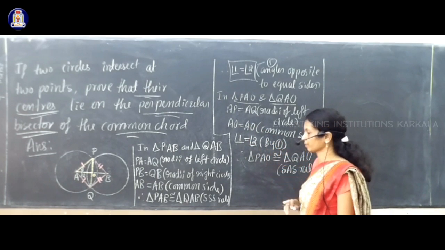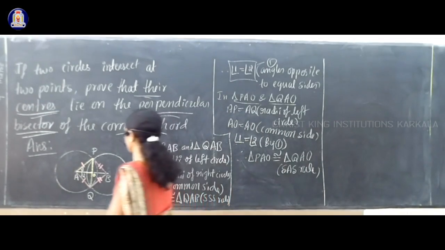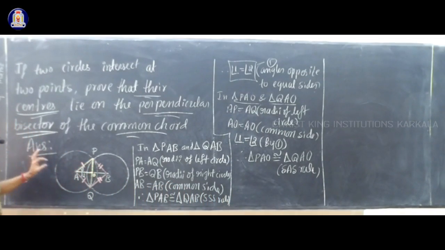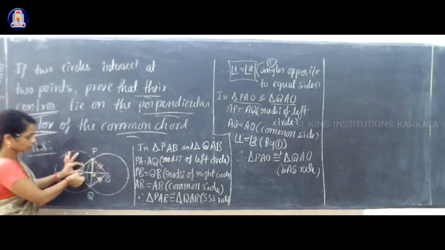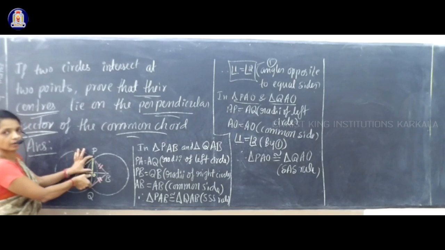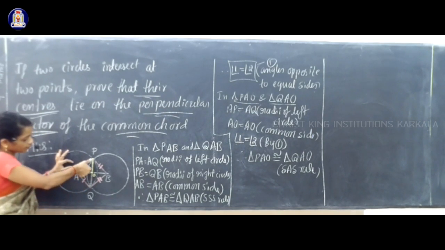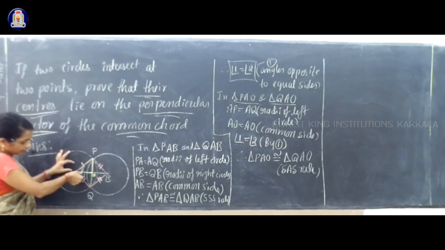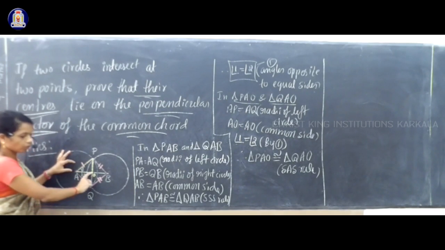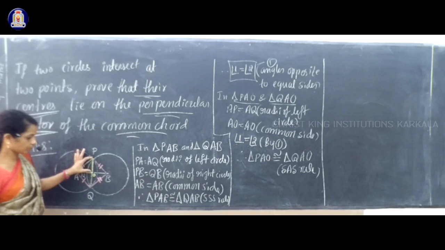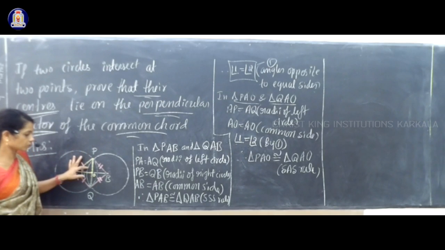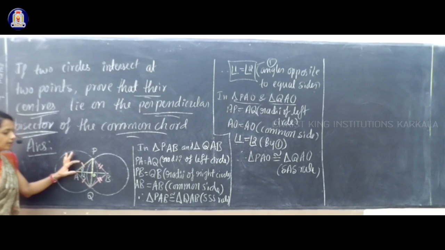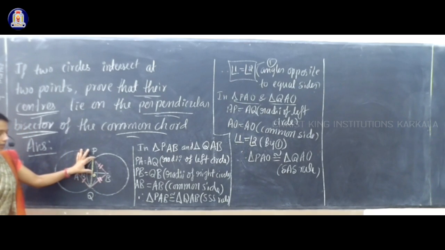So what can we say now? We have equal angles 1 and 2. Opposite to them, the sides are equal. Opposite angle 1 you get OP, and opposite angle 2 you get OQ. These two sides are equal, because we just proved the two triangles are congruent, and once triangles are congruent, sides opposite to equal angles are equal.